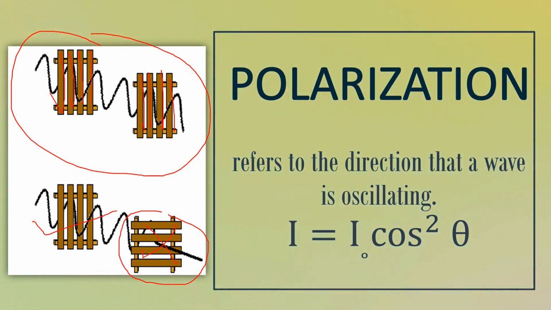Okay? When linearly polarized light goes through a polarizer at an angle, the intensity I of the transmitted light is I is equal to I naught cosine squared theta. I repeat, the equation under polarization is I is equal to I naught cosine squared theta.